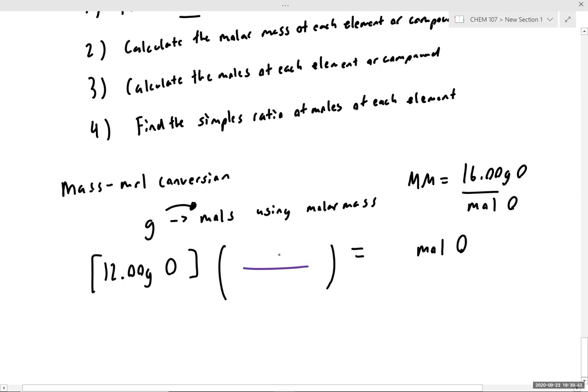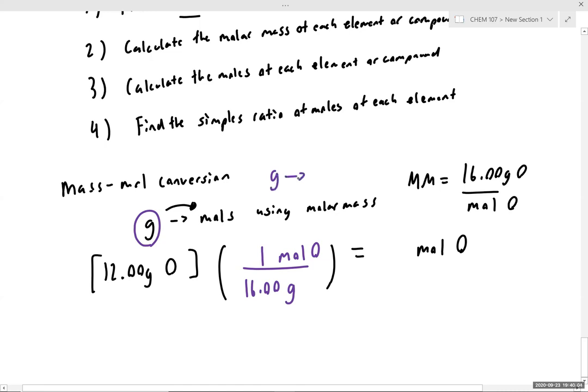Moles, exactly right. In this case, it would be moles of oxygen. And if I'm going from grams, what units do I put on the bottom? Grams. Exactly. So now I fill in my molar mass. So we have 1 mole of oxygen per 16 grams.